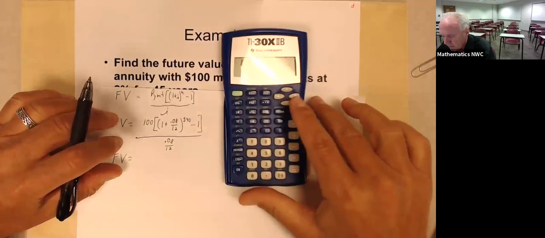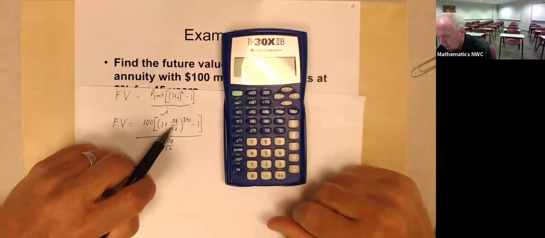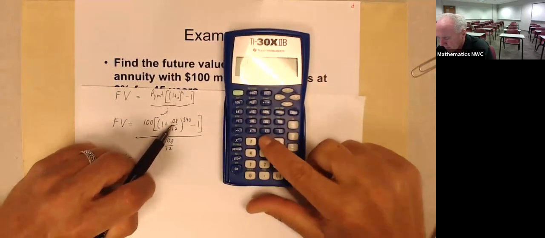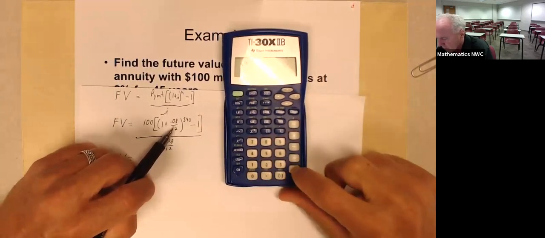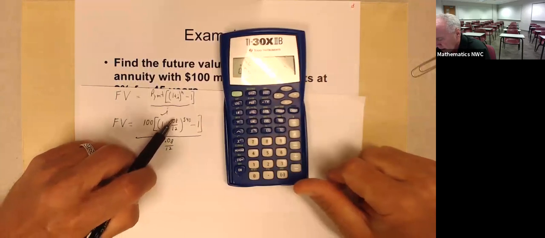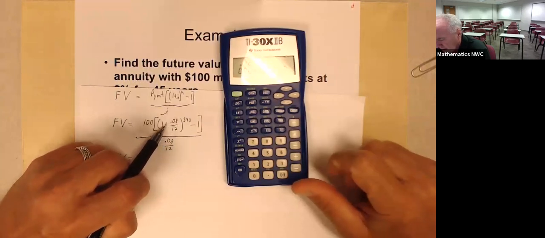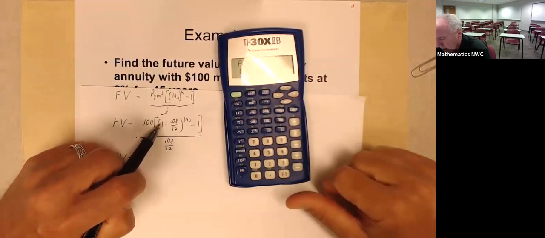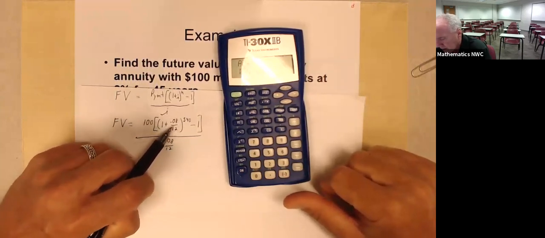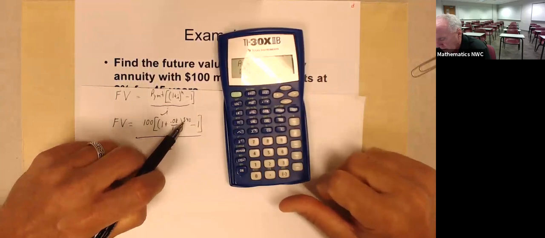So here we go. I'm going to start with the inside, 0.08 divided by 12. Enter. That gives me that decimal. I then need to add 1. Enter. That gives me the whole parentheses. I've got to raise it to the power 540.